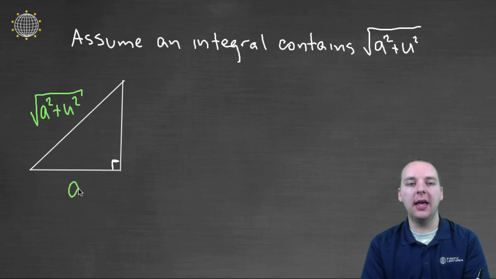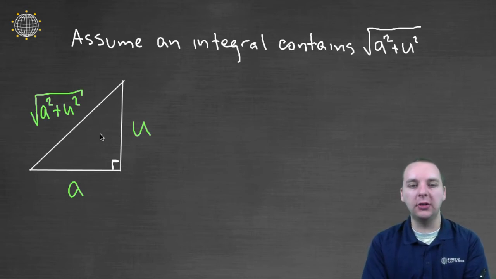Hopefully you would say a and u, right? So we have this relationship here, and sure enough, a squared plus u squared equals the square root of a squared plus u squared, squared, because then the square root and the square would cancel with one another. So same idea. It's not drastically different.